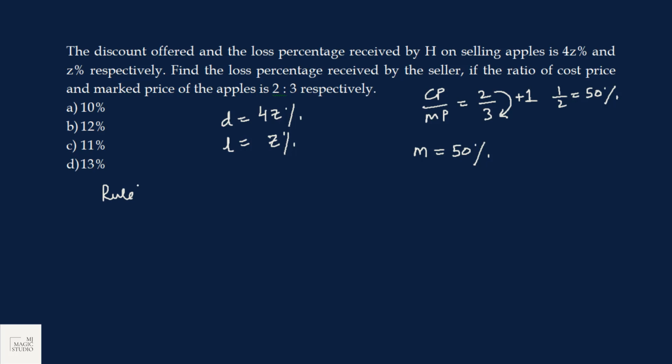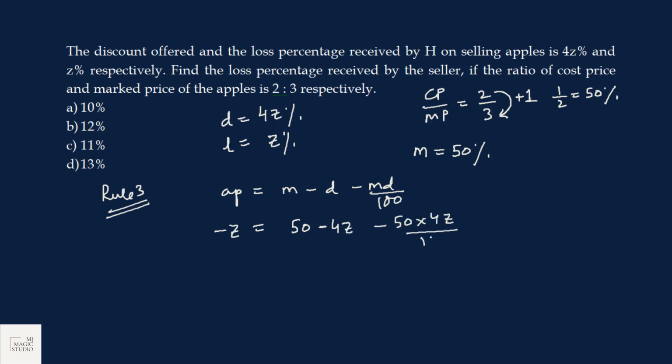And from rule 3, net changing rule, link is there in the description, go through the entire rule book. We know that actual profit is equal to M minus D minus MD by 100. Our actual profit is actually a loss of minus Z. M is 50, discount is 4Z, minus 50 into 4Z by 100.